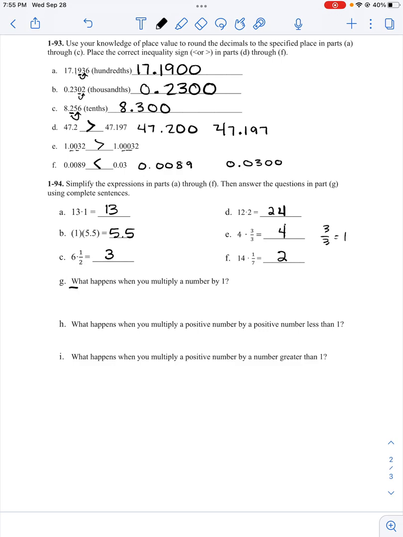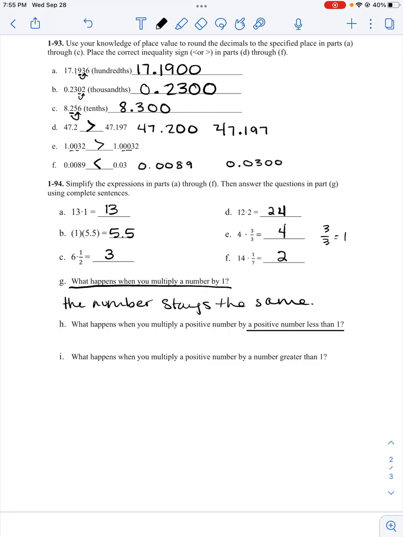So part G asks us what happens when you multiply a number by 1. Well, the number stays the same. In part B, it asks, what if it's a number less than 1?